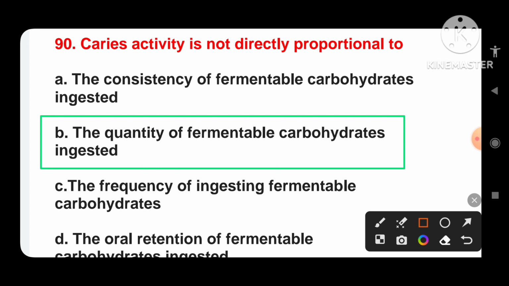Frequent consumption of sugar or fermentable carbohydrate as well as their prolonged retention in the oral cavity provides an environment conducive to growth of bacteria and the production of acid, which leads to demineralization of enamel and development of caries. Therefore, it's not just the quantity but also the frequency and retention.